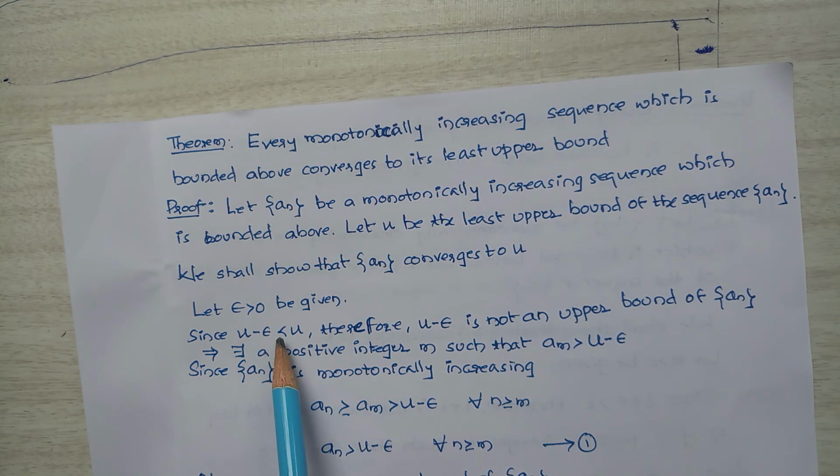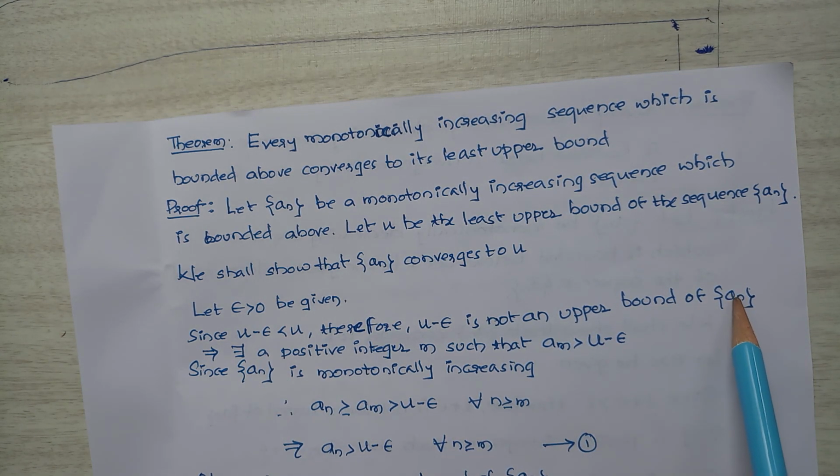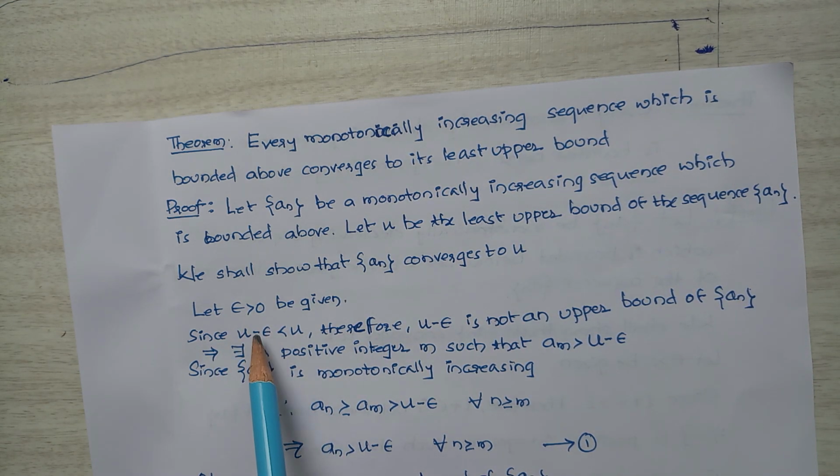Since U minus epsilon is less than U, therefore U minus epsilon is not an upper bound of a_n. Because if it were, then U plus epsilon would also be an upper bound, no problem with that, but here U minus epsilon is not an upper bound of the sequence a_n.